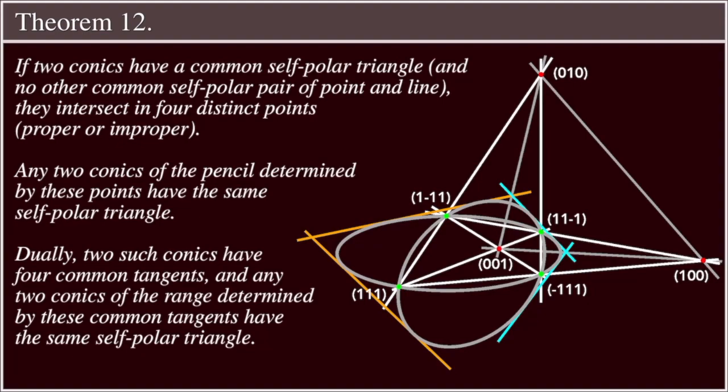Any two conics of the pencil determined by these points have the same self-polar triangle. Dually, two such conics have 4 common tangents, and any two conics of the range determined by these common tangents have the same self-polar triangle.